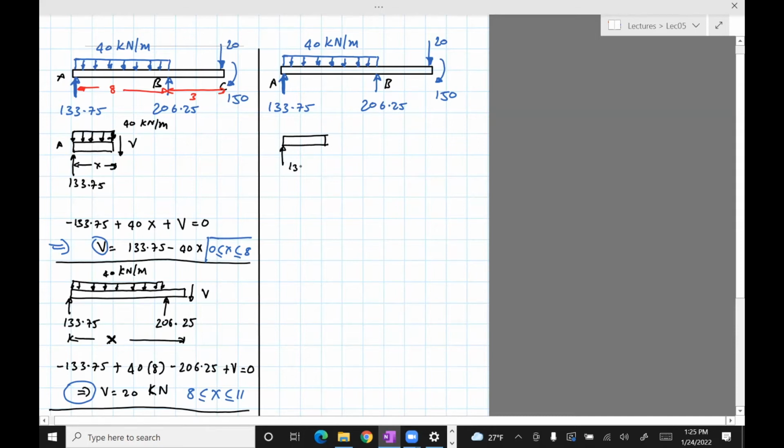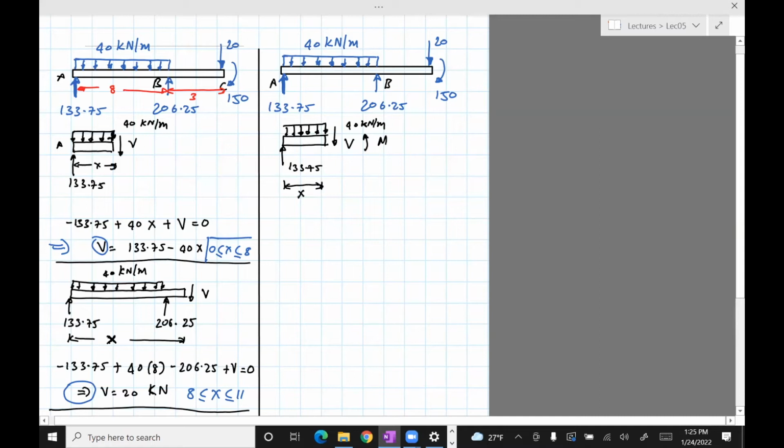On the left side, we have 133.75. On the right side, we have V. That's 40 kilonewton per meter. And our convention is counterclockwise moments on the left side of the beam are positive. So that completes what I need in the diagram in order to solve for this.